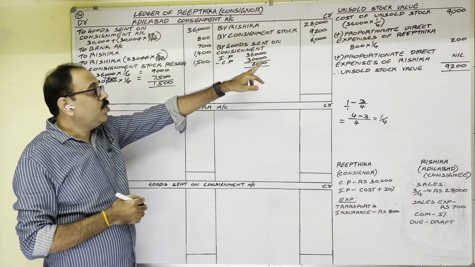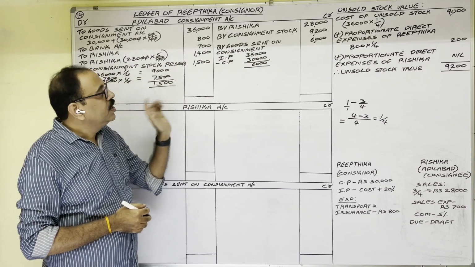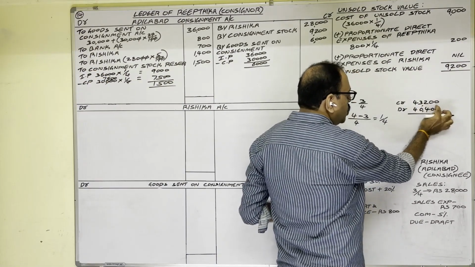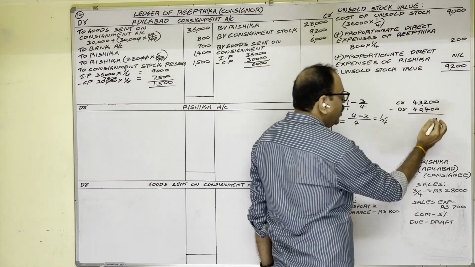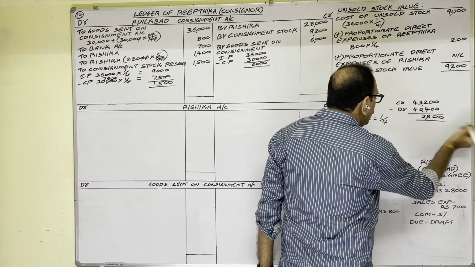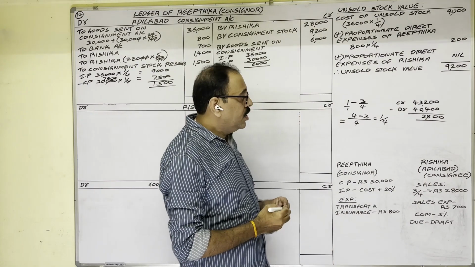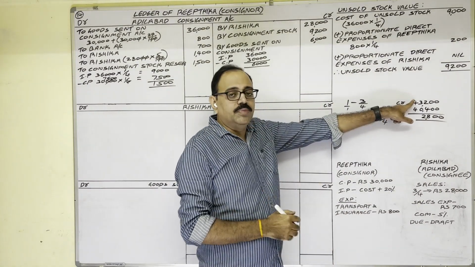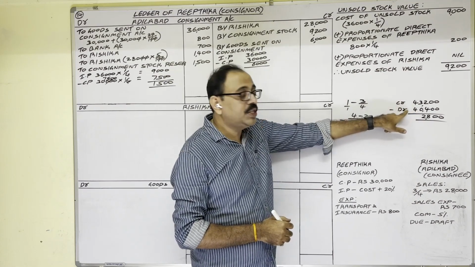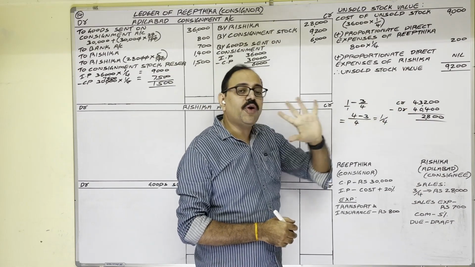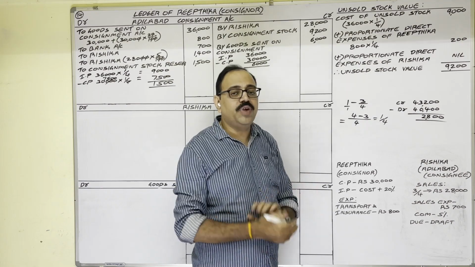Finally, we should do credit total minus debit total. Credit total 43,200 minus debit total 40,400 is equal to 2,800. On the credit side we wrote consignment income, on the debit side consignment expenditure. Income is more than expenditure, so the difference is profit. In the consignment business, profit came.